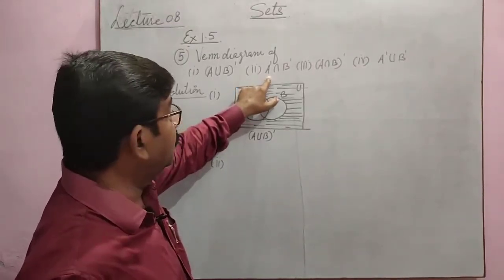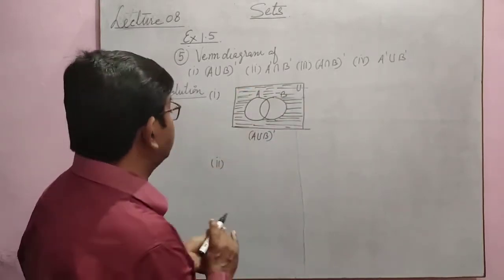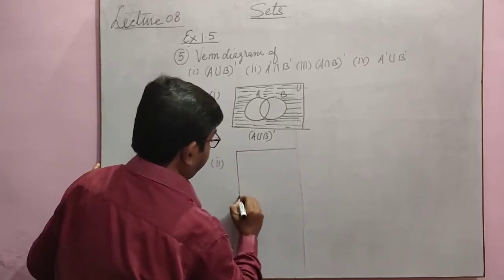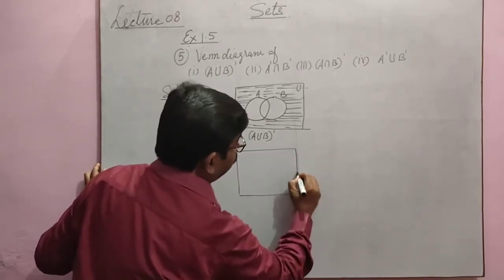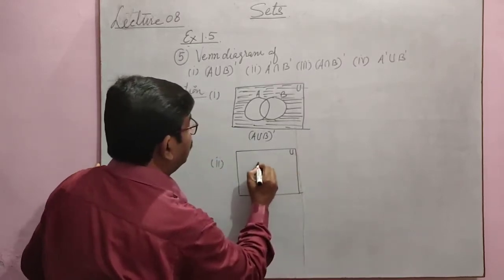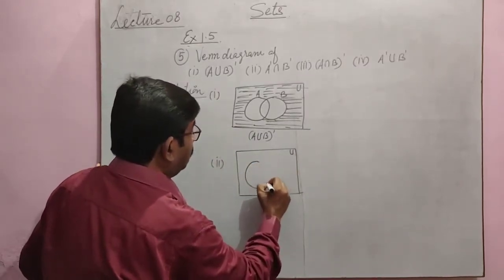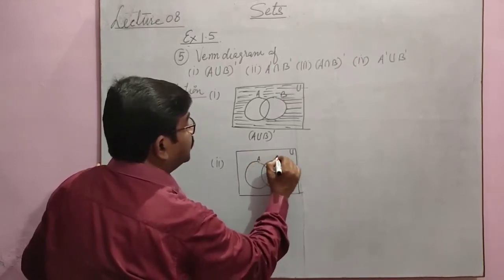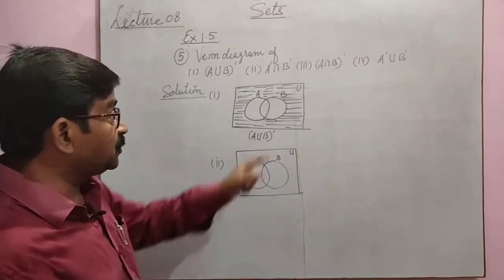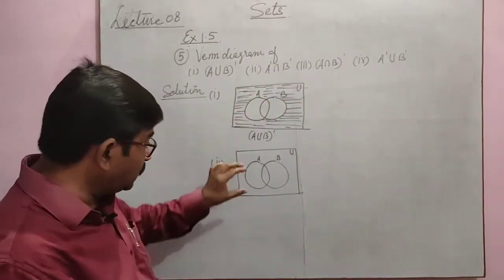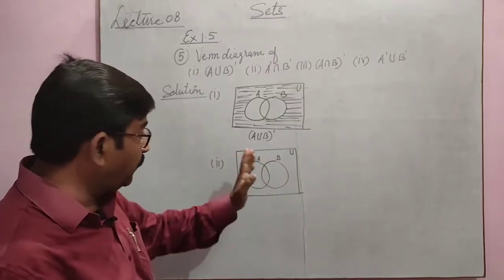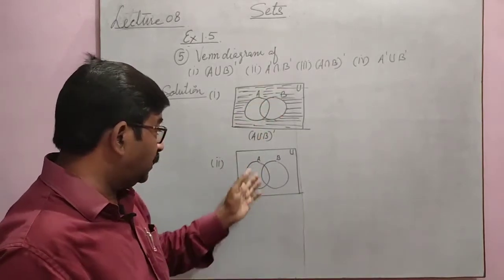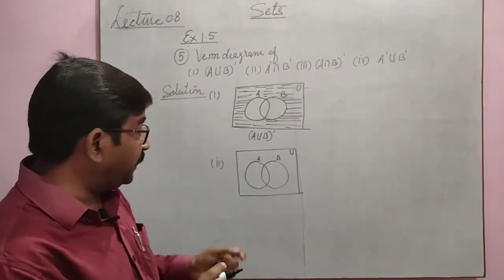A complement means leaving the circle. So I am drawing this, try to understand. This is the universal set. This one is set A, this one is set B. So first, A complement, the portion which is outside the circle A, and B complement, the portion which is outside the circle B, and its intersection.